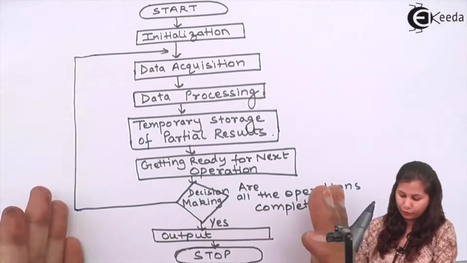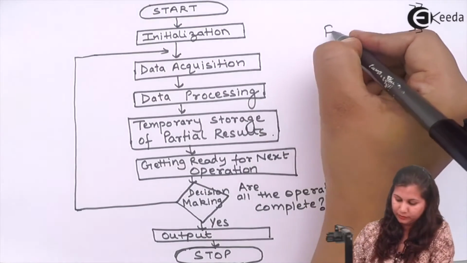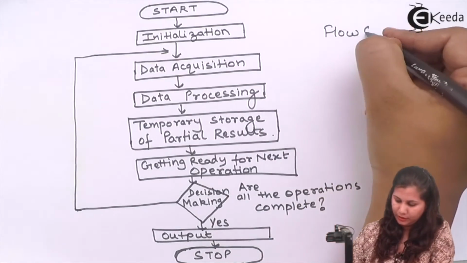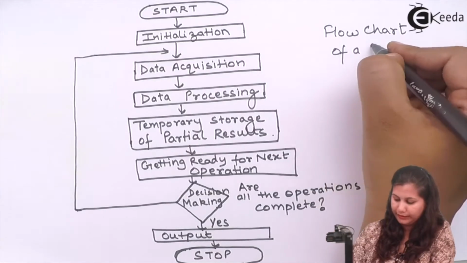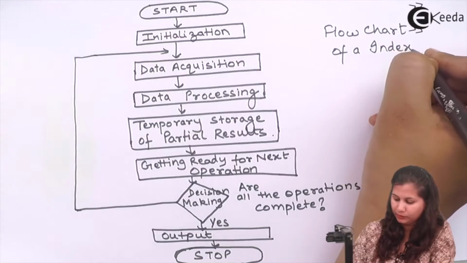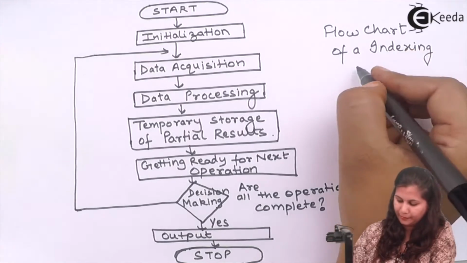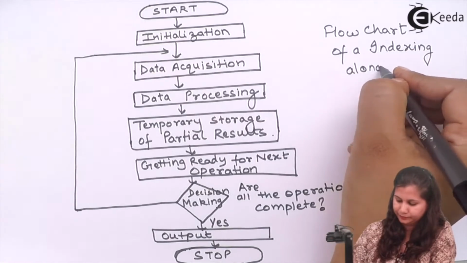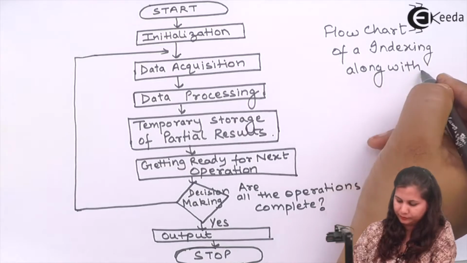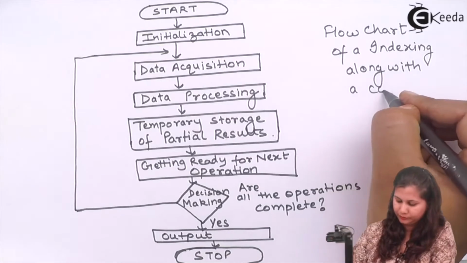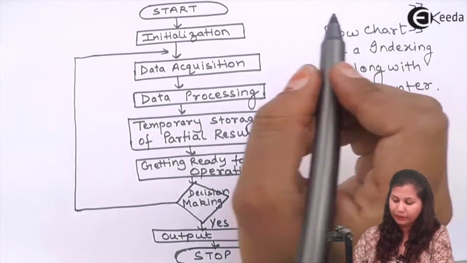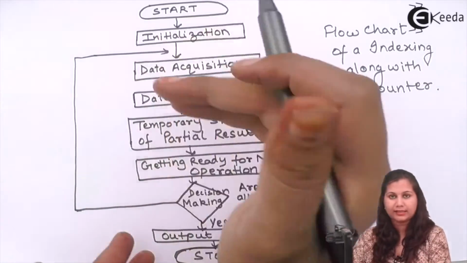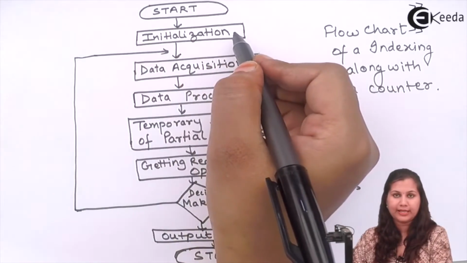So this is the flow chart of indexing along with a counter. In indexing, first we start the loop, then initialization is there.